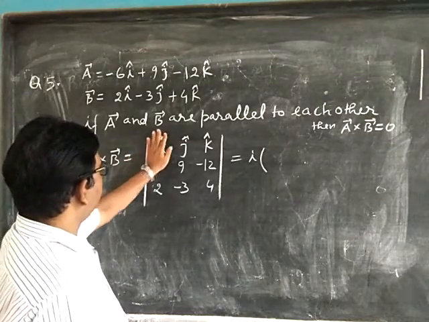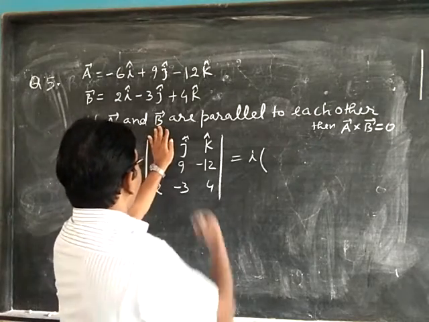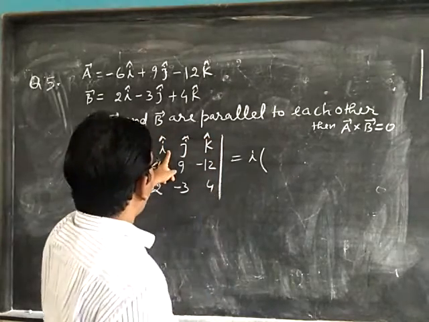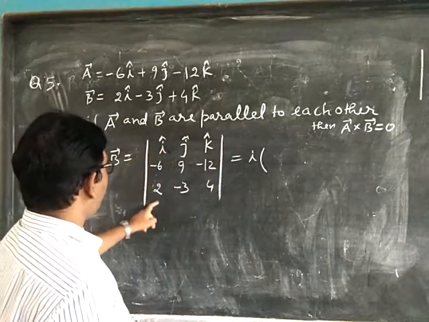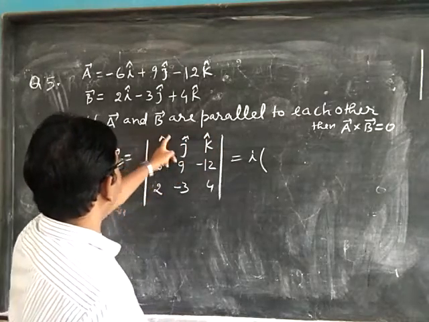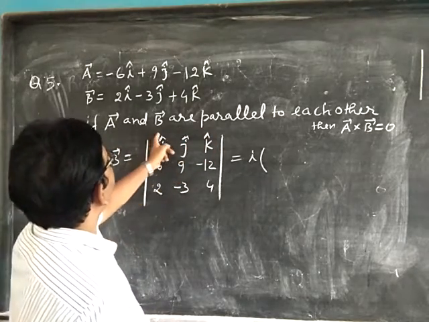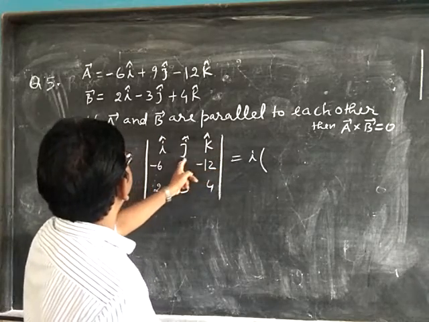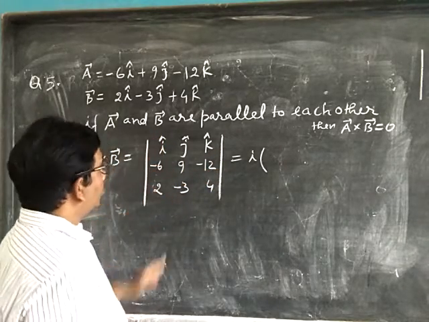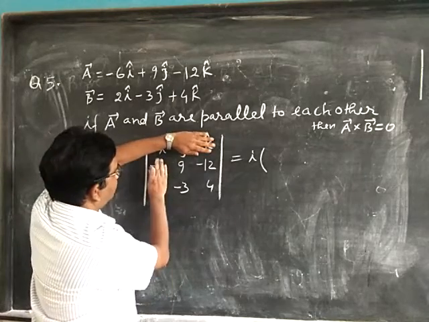We will cover this portion, the i row and column, so we will cancel it.